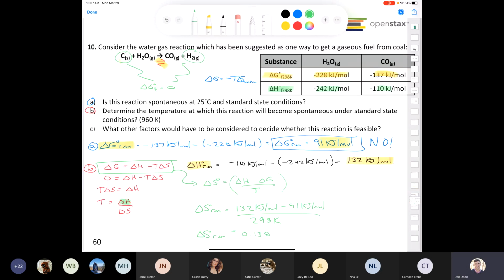In fact, there should only be two sig figs, shouldn't there be? So 0.14 kilojoules per mole Kelvin. That's the same thing as 140, or 1.4 times 10 to the 2, whatever you want to call it. But there should only be two sig figs.